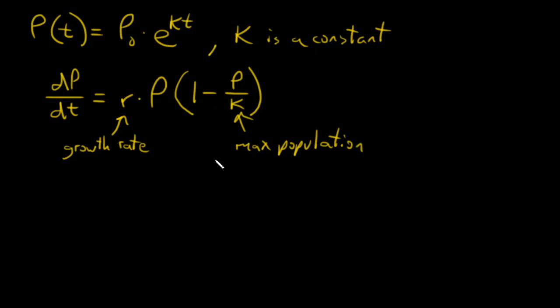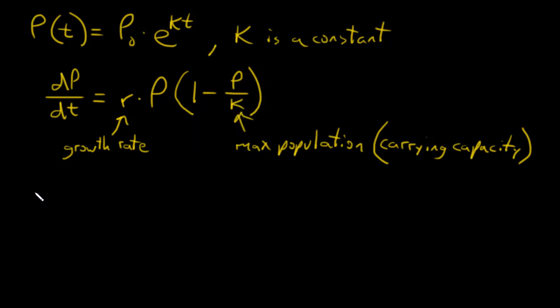Okay, so instead of K being the constant proportionality of the growth rate, R is now the growth rate, and K is the max population, or as your book likes to call it, what I've seen in several other places, this is called the carrying capacity. Okay, it is the capacity at which the system is capable of carrying. All right, so let's see if this model makes sense.